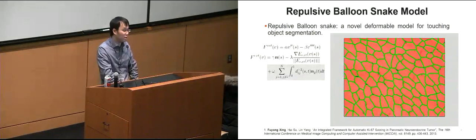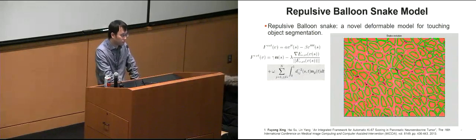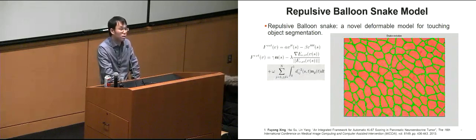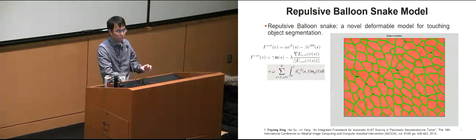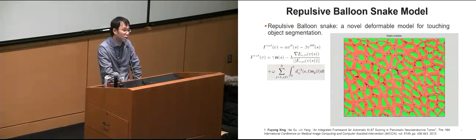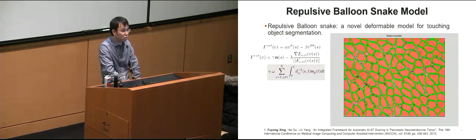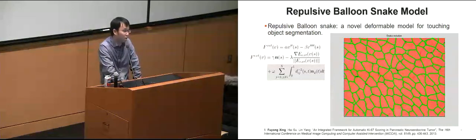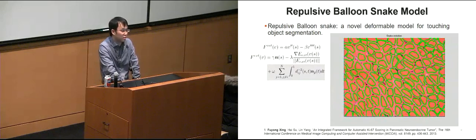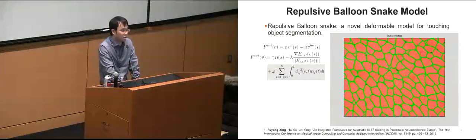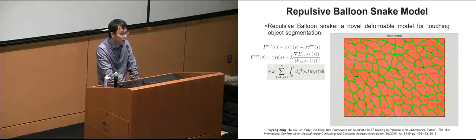As we can see in the images, all the cells touch each other, and the contours will not cross or merge into a single one based on the newly introduced term. So this model is very effective for the segmentation of the image data. So this is the shape preserving object segmentation we developed for the image data.